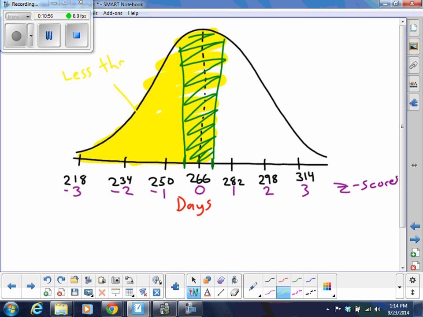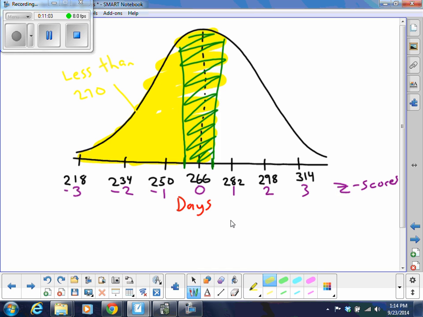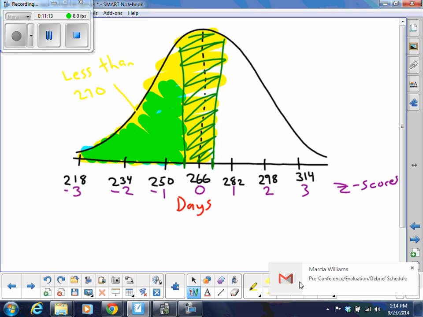Okay. Now our answer includes some of that, but our answer needs to stop counting and not count the probability of being less than 260 days. So this stuff, just turning that crazy green, is stuff that we don't want to count. Okay, so the green highlighted stuff is the area of less than 260 days.